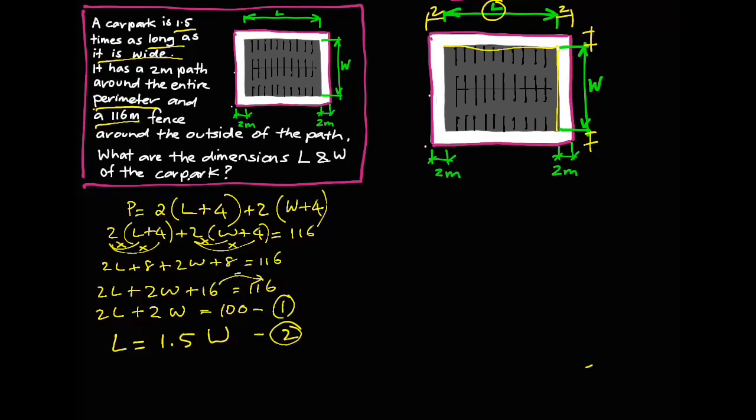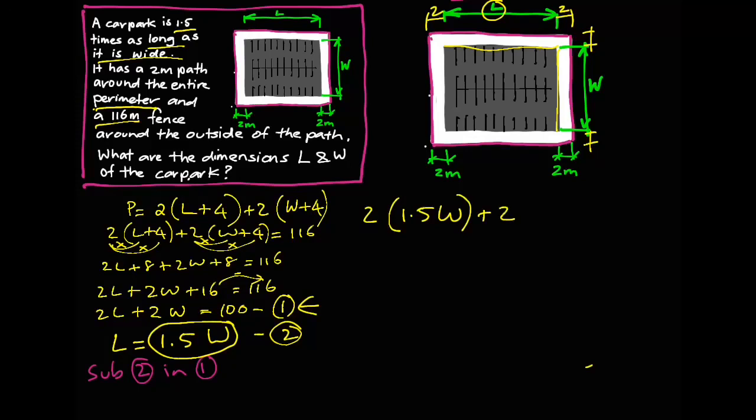Now we can sub 2 in 1. So wherever we come across L, we put in this value, 1.5W. So looking at equation 1, we've got 2 times 1.5W plus 2W equals 100.